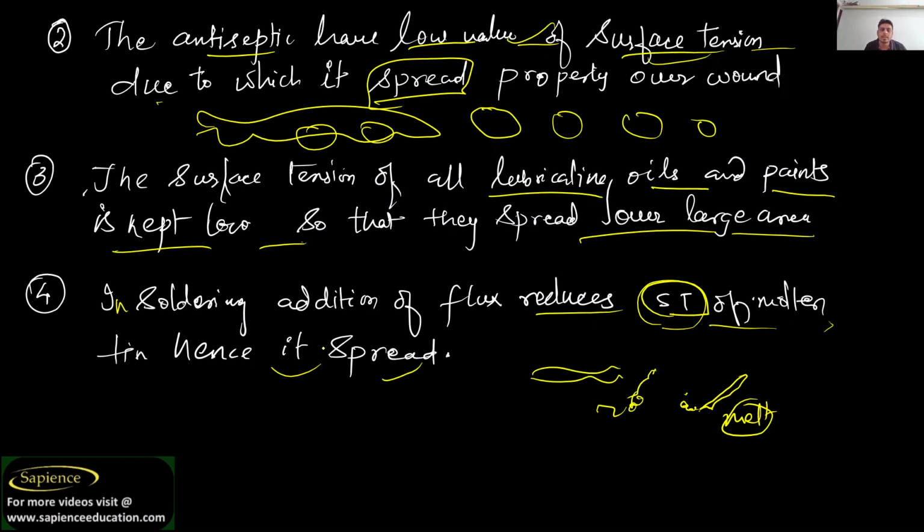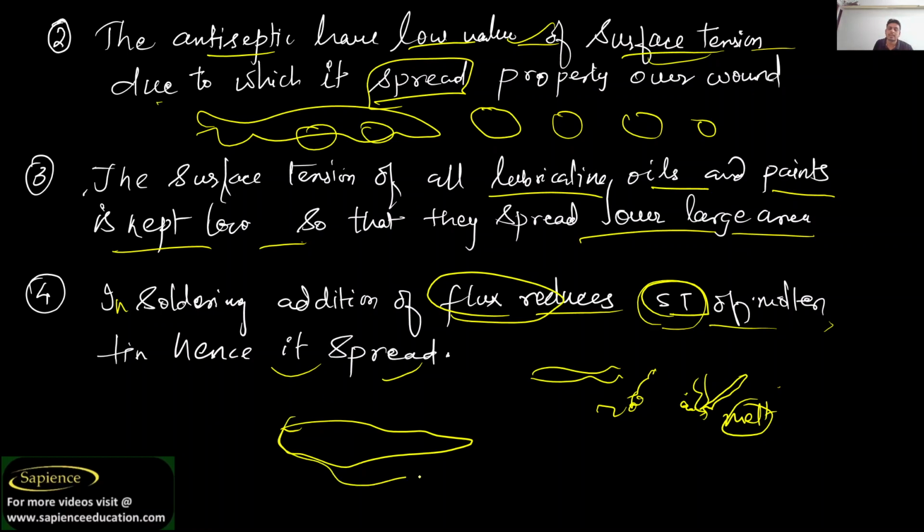So that's why we mix flux. Flux is the material which, when mixed with it, decreases the surface tension, and while decreasing the surface tension, it is able to spread properly. And when it is spread, it can easily go into each and every part, so that it can solder properly, right? So these are the applications of surface tension.